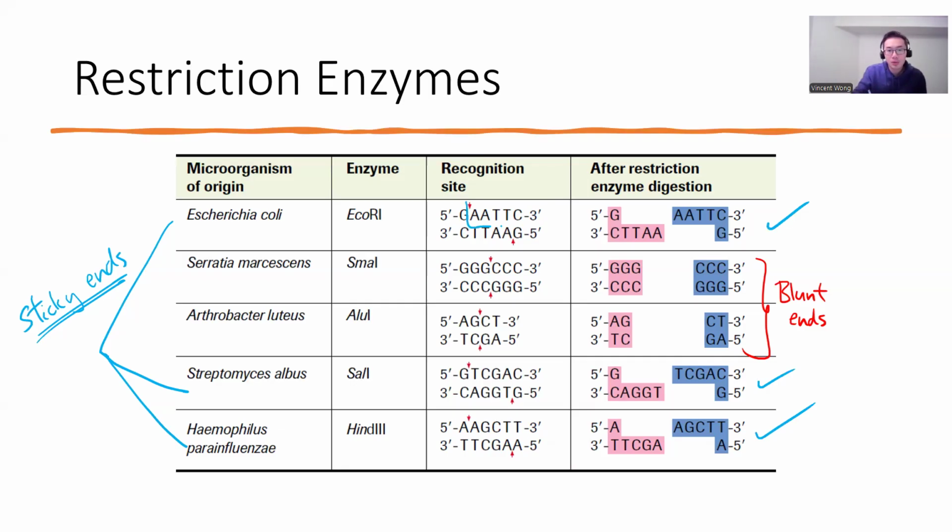Because after you do the zigzag cut, this AATT portion that's hanging is actually complementary to the TTAA. So there is a tendency for them to stick back together. Right? It's like Velcro. After you peel them apart, they could just easily stick back together, but not the blunt ends. Okay, blunt ends, there's nothing hanging out. Right? You can't really glue them back together.